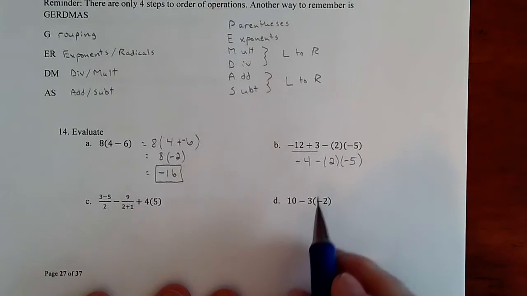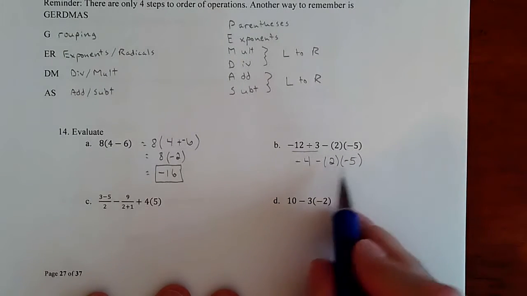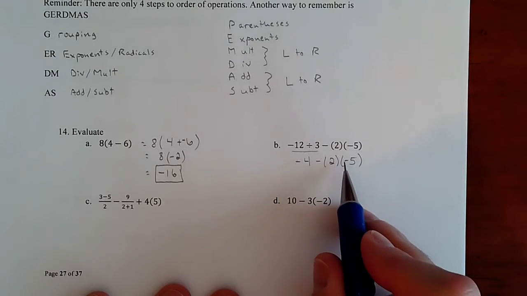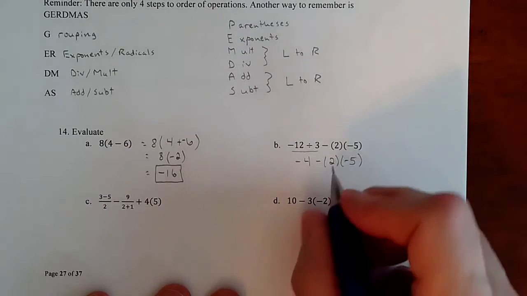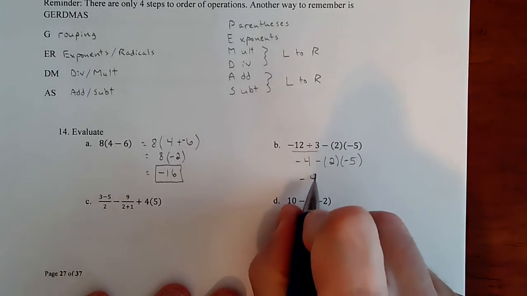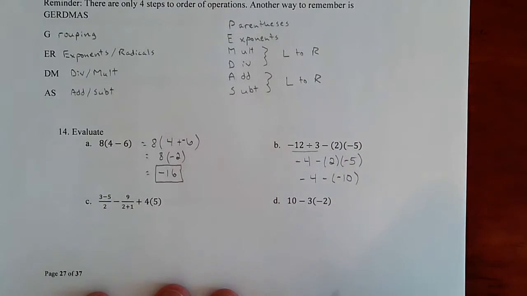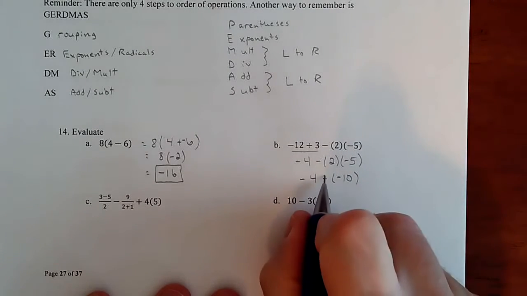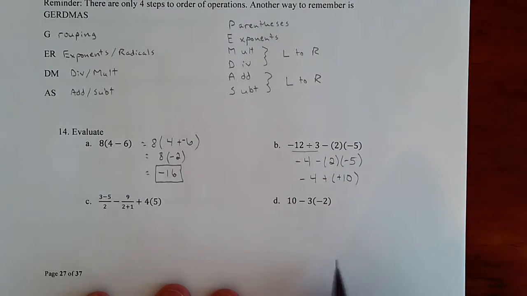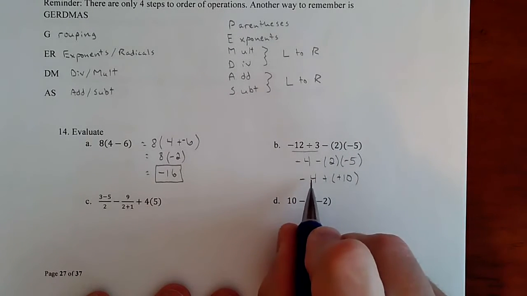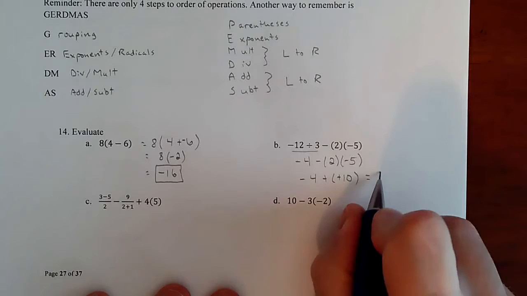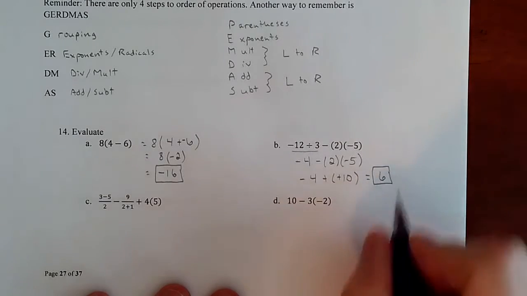I'm not going to do the subtraction yet because I still have a multiplication piece that I need to take care of. So 2 times negative 5 is a negative 10. So that's 4 minus a negative 10. I don't love subtraction, so I'm going to add the opposite. Now I have more positives than negatives by 6. So my final answer is going to be 6.